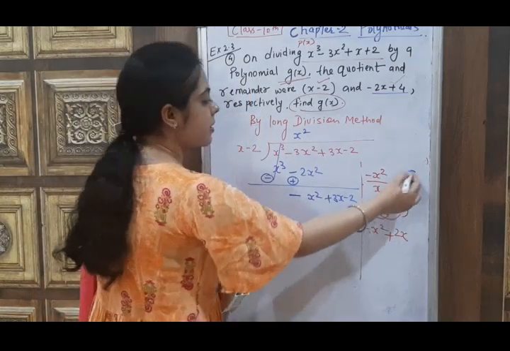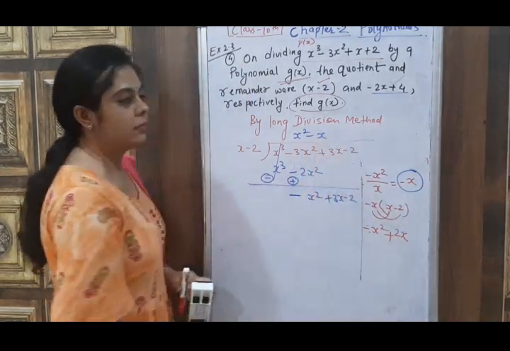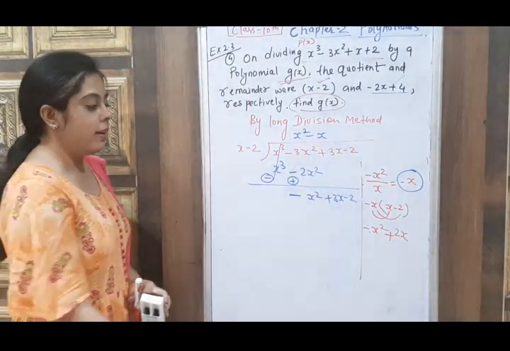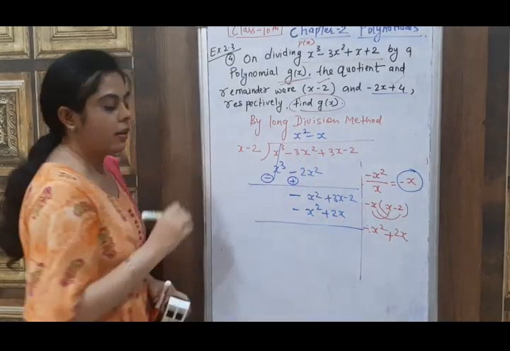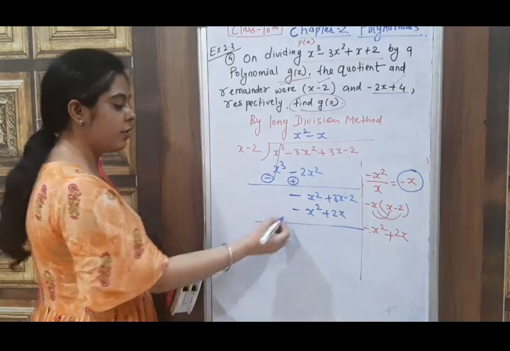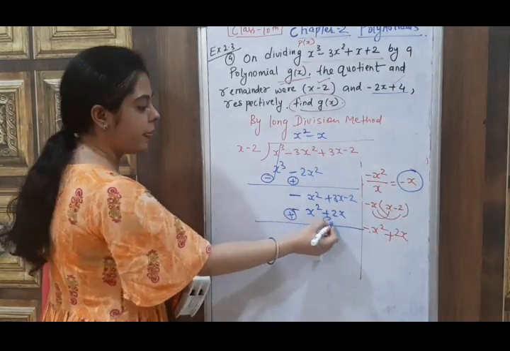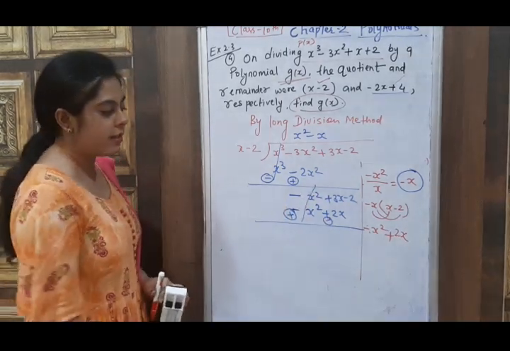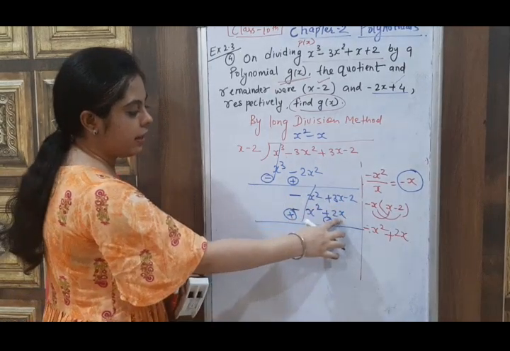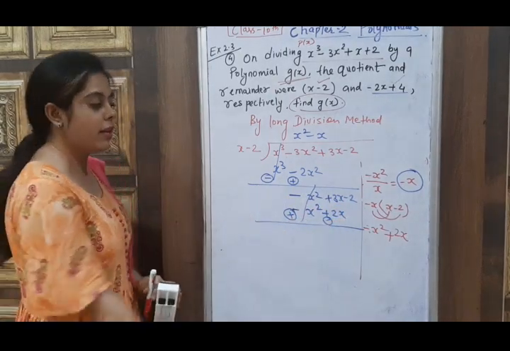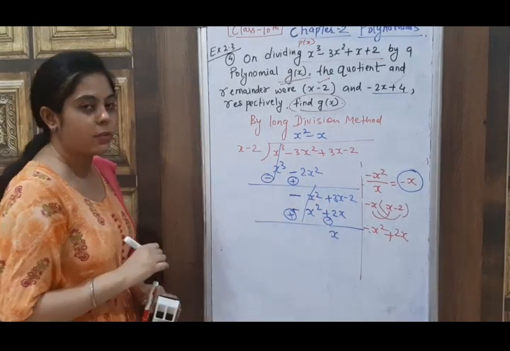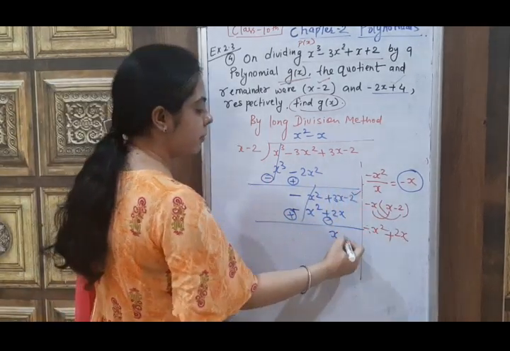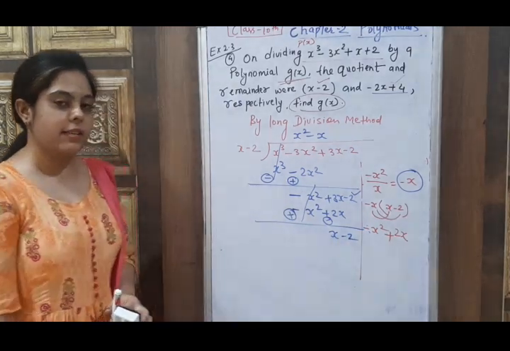So this minus x will be the second term for the quotient, and this we write here. And now just we have to solve it, and for this first we have to change the sign. It will be cancelled. 3x plus, and here the sign of this 2x is minus. So 3x minus 2x, 1x. It means here x will come. And the next term is minus 2. So this we write here as it is.